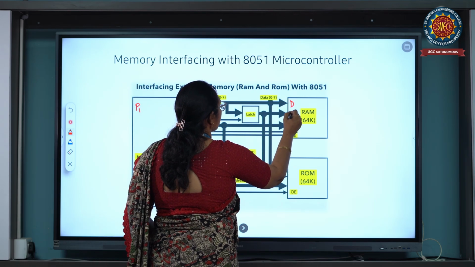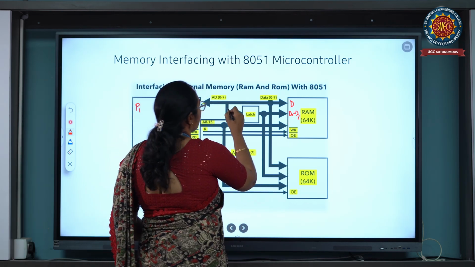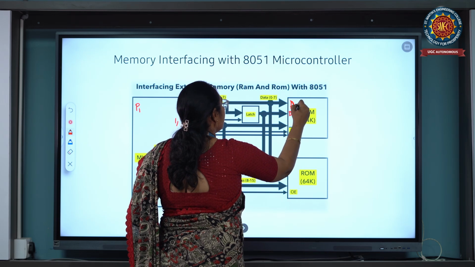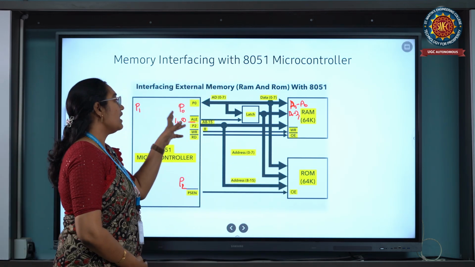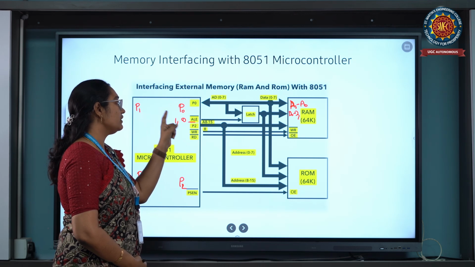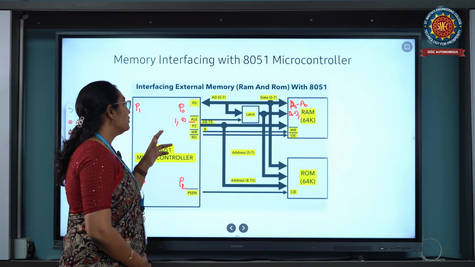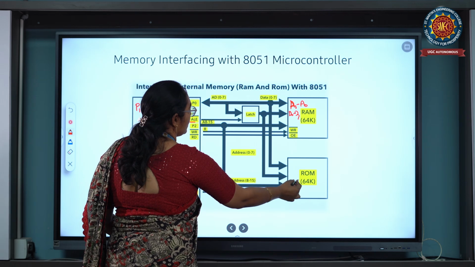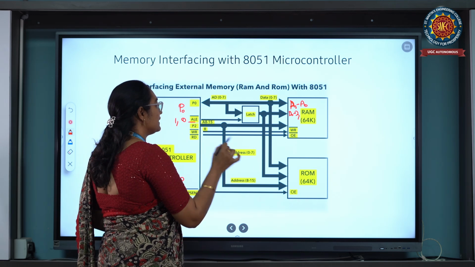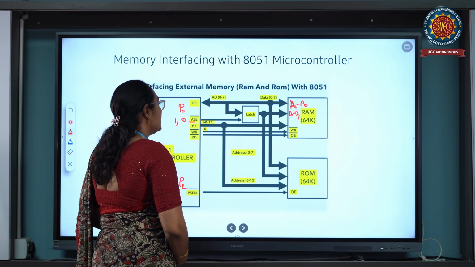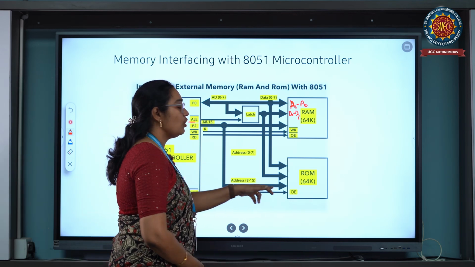These data lines range from D0 to D7, and when ALE equals 1, he can access the address lines, A7 to A0, and also data lines D0 to D7 through the ALE-enabled latch. Next, read-only memory is also accessed using port 0, and port 2 pins are connected to the higher order address lines, A15 to A8. Here the PSEN pin, the program store enable pin, is connected to the output enable pin.